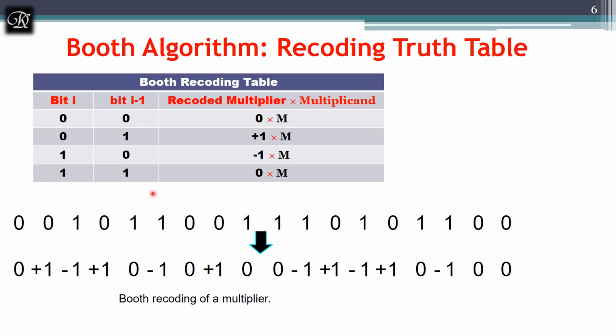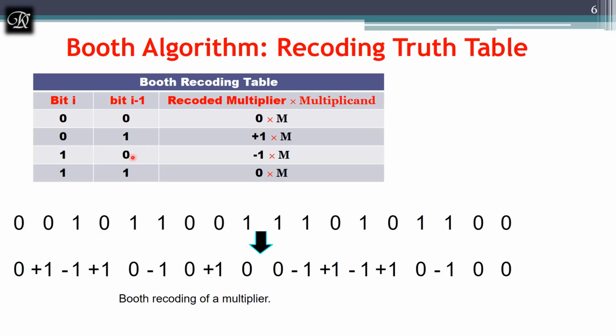Before getting into the solution, let's first see the truth table for Booth recoding of Q dash. If the previous bit and the next bit are 0 0, then the new multiplier answer will be 0. It means the multiplicand will be multiplied with 0. If the previous bit is 1 and the next bit is 0, then it is multiplied with positive 1.